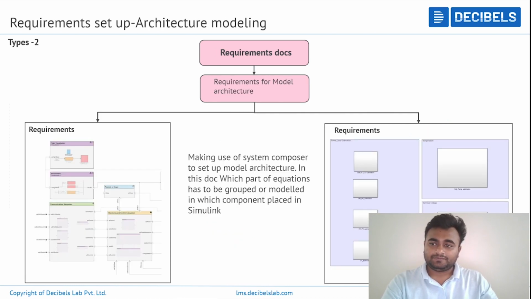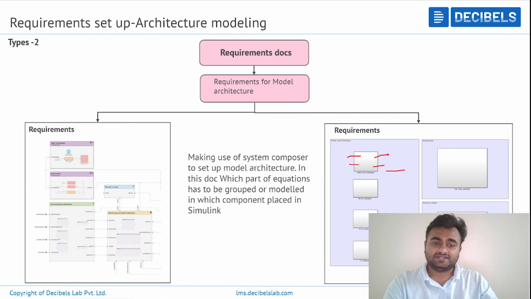The type 2 is the requirements for the architecture modeling. It contains the information on how the model has to be built: which part of the equation has to be in which subsystem, and creating the interfaces for your model, such as inputs and outputs, and which component has to be placed within this subsystem.